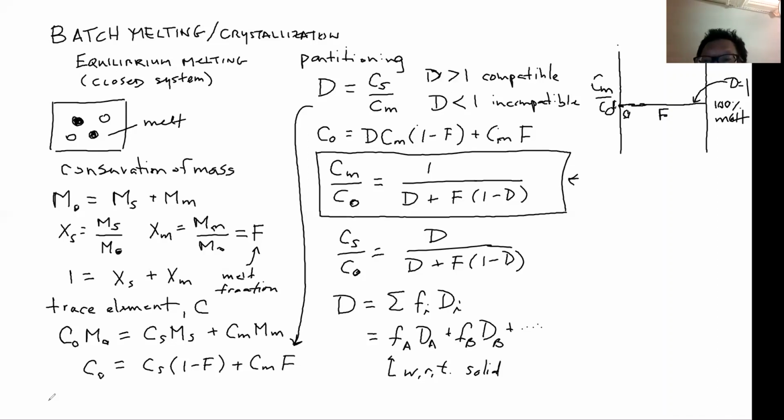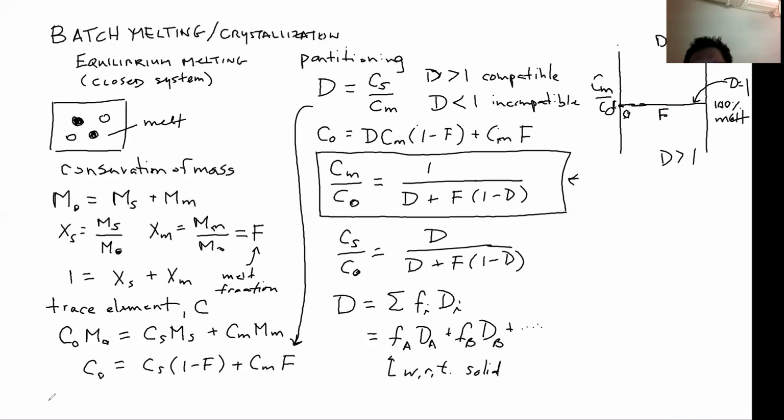When D is less than 1, the element is incompatible, and so with progressive crystallization, it should become more and more enriched in the melt. And if D is greater than 1, so D less than 1 would be here, and D greater than 1 obviously would be here, the melt will become depleted with progressive crystallization, because the crystals keep taking away that compatible element.